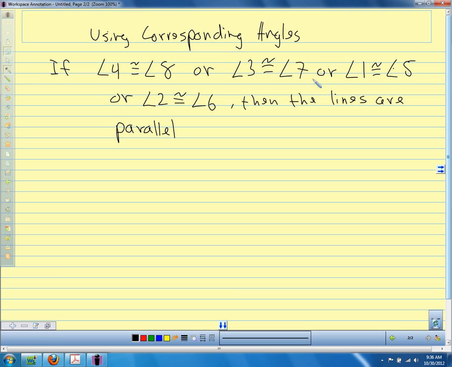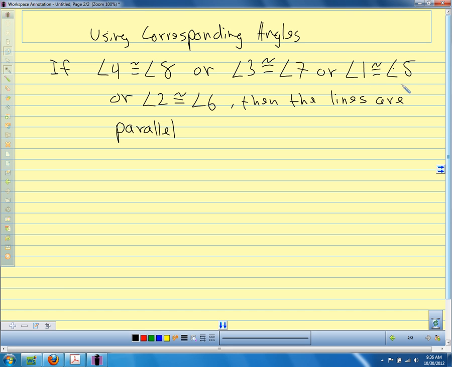You mean if they're congruent? Yes. If one pair is congruent, that guarantees that the lines are parallel, and that makes all of the corresponding angles congruent. So all of these would match up in pairs like this. If I had a problem and found out that one pair is congruent, that's my answer right there. Well, the problem would say, how do you know that these two lines are parallel?